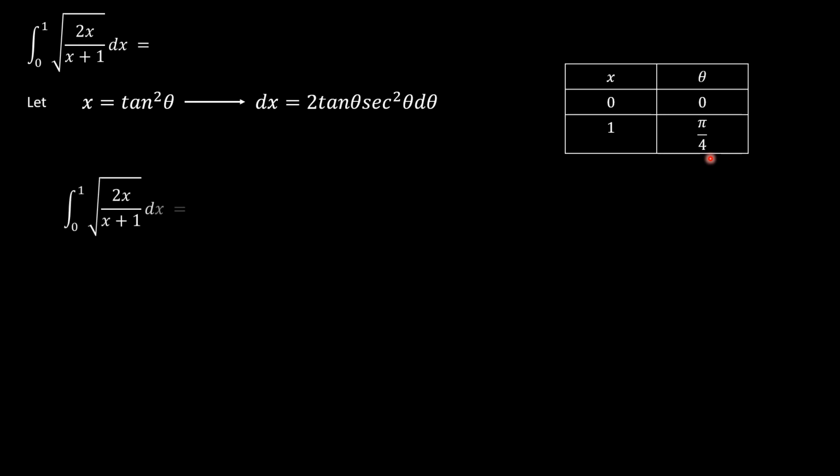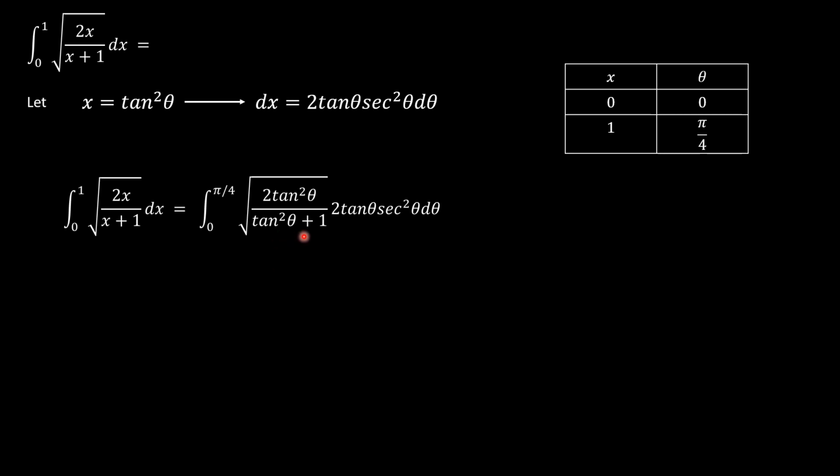So our integral now becomes the integral of the square root of 2 tan squared theta over tan squared theta plus 1, times 2 tan theta sec squared theta d theta, from 0 to pi over 4. So the d theta term replaces the dx, and then everything else seems straightforward.